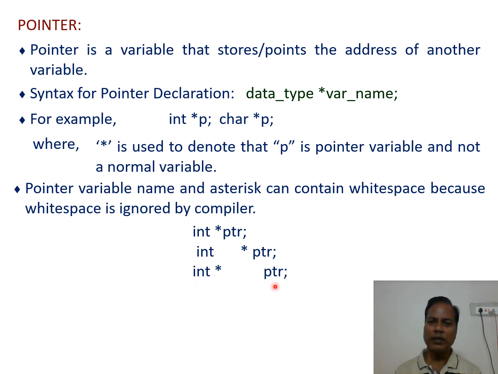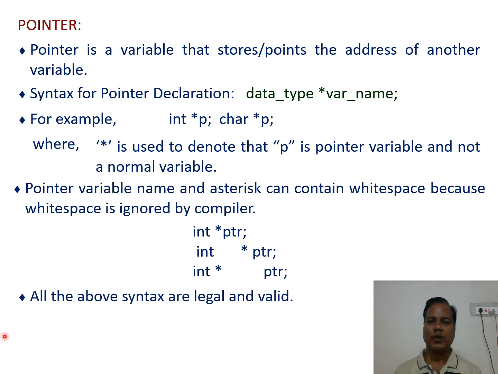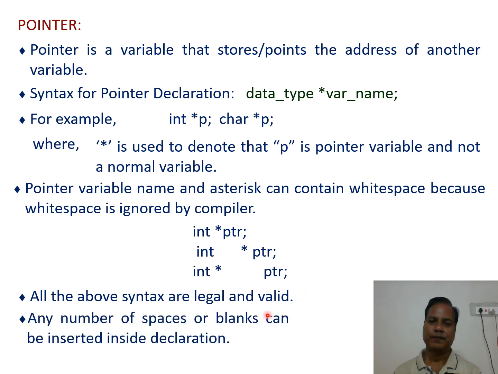So all these definitions are correct because the compiler ignores these white spaces. So defining a pointer variable is correct in all cases. All the above syntaxes are legal and valid. Any number of spaces or blanks can be inserted inside the declaration.